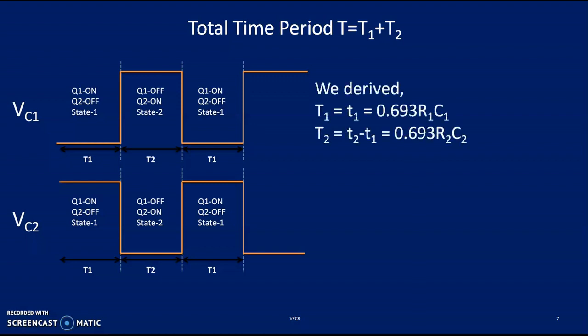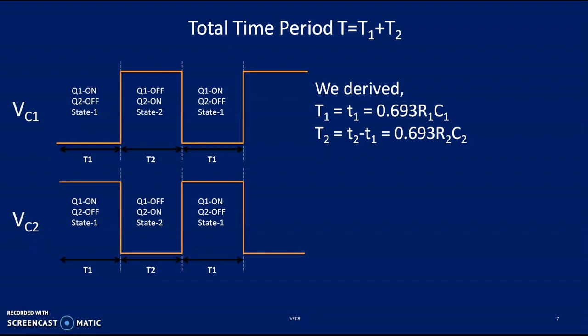So here we derived capital T1 equal to small t1. I think you remember this small t1 and t2. These are the time instances we considered while doing the derivation. So capital T1 is equal to 0.693 R1 C1. Capital T2 is equal to 0.693 R2 C2.